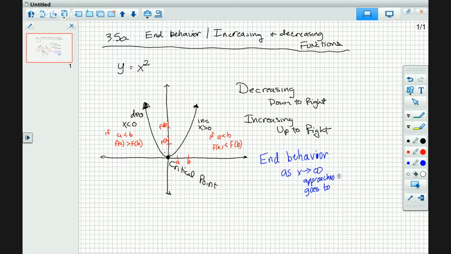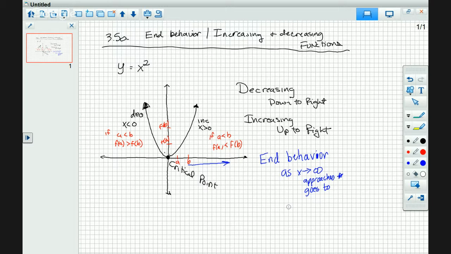This is more of a calculus notation. So x is going to infinity. That's this direction, right? The positive infinity for x is this direction.